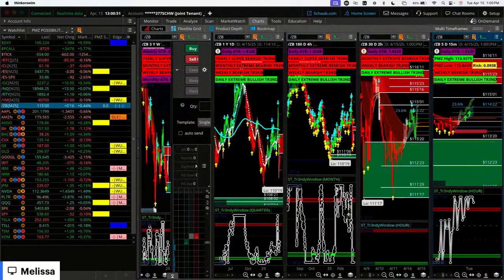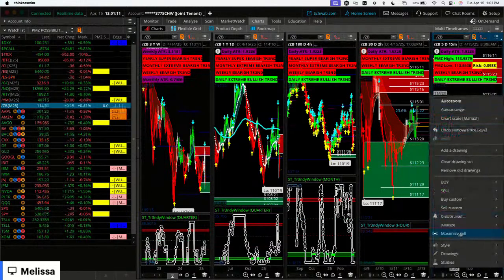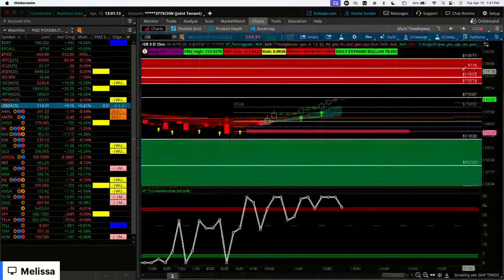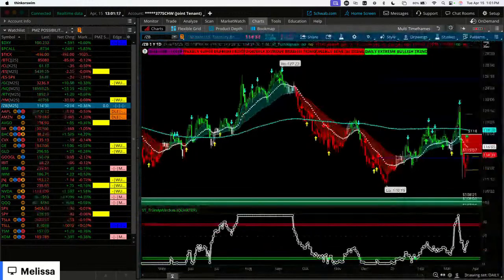It gives me the arrows because I have my favorite time frames put into 1, 2, 3, 4, and 5 charts. So a weekly, a daily, a 4 hour, a 2 hour, and a 5 minute. And then when you maximize one of these cells, it's going to allow you to scroll quickly between your different time frames.